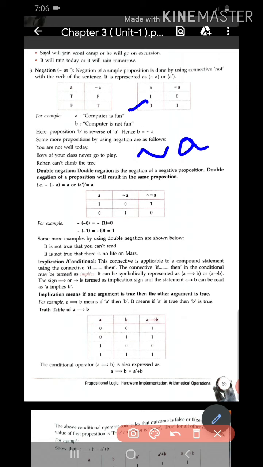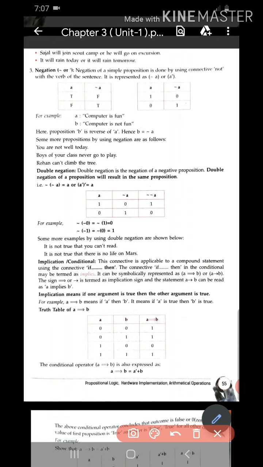By writing not as a connective. How is it going to happen? See, one statement they had written, B is equal to tilde A, means we are going to store the value of tilde A inside B, and B contains "computer is not fun", means we have to indicate this by writing not.